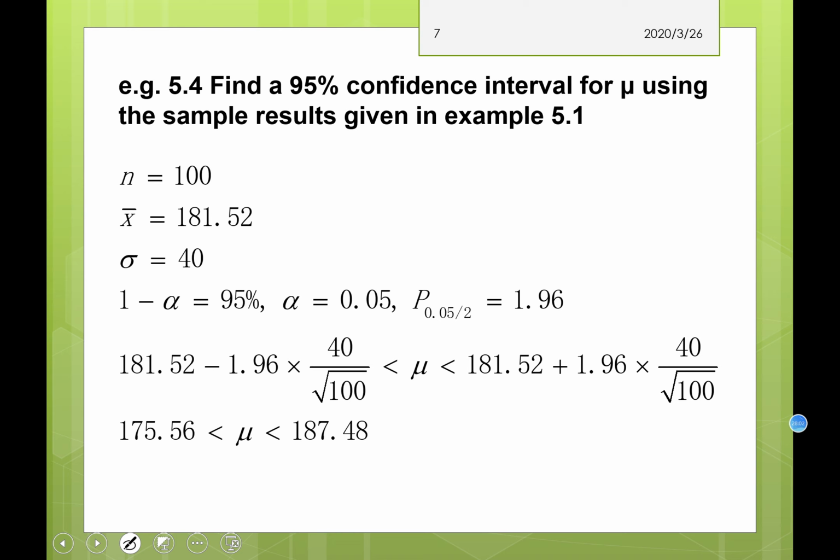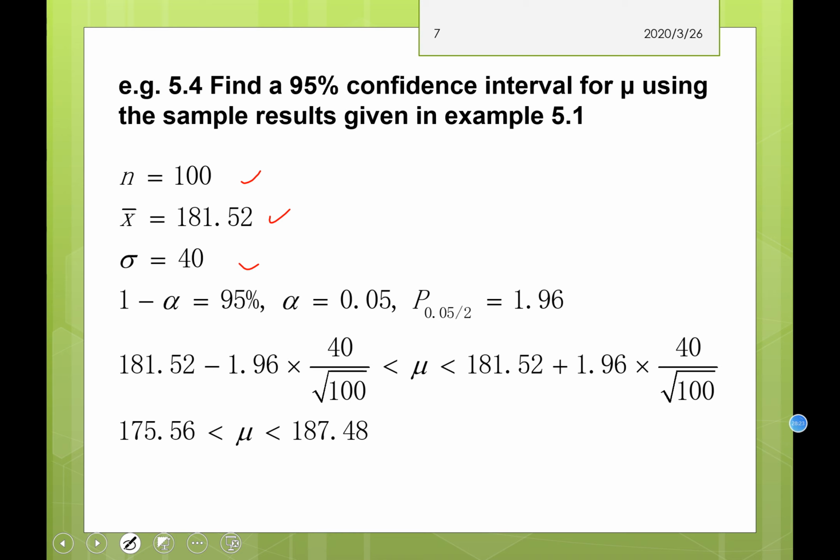And then let's think about what information is given in that question. The first one is the little n, the sample size, right? And the x bar, the mean of the sample. And sigma is the corresponding standard deviation, SD.